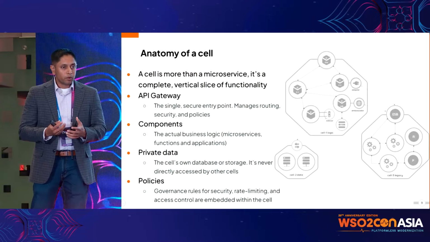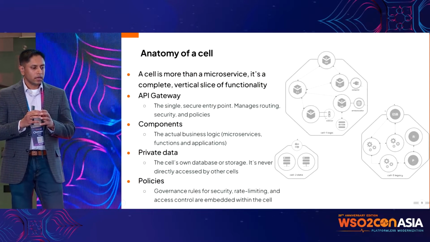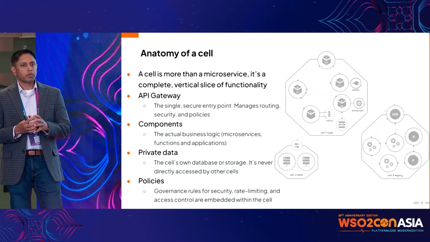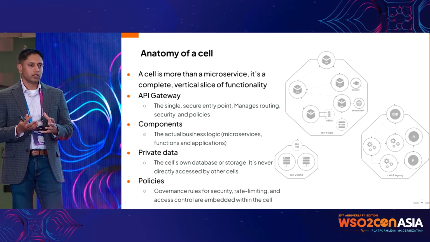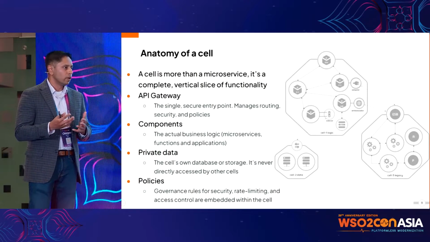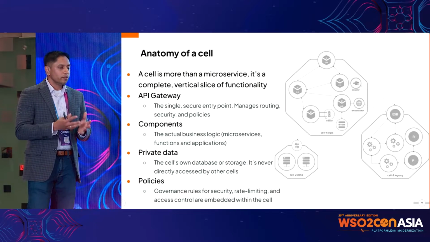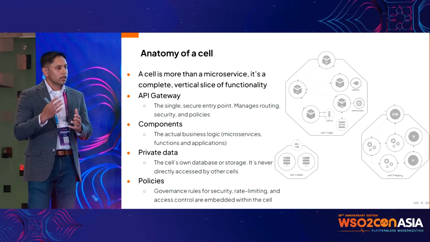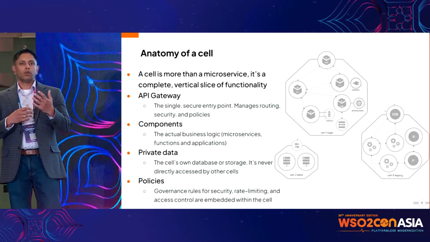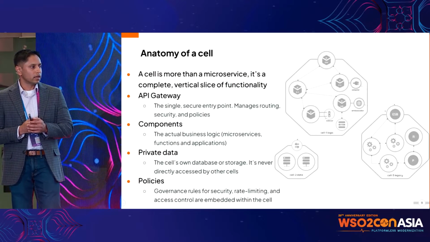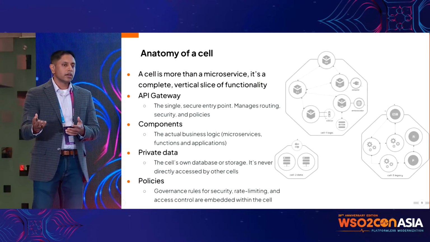Another important point is that each and every cell has its own private data stores. It can be one or multiple databases. Whenever another cell wants to talk to a data point inside another cell, it doesn't directly talk to the database.